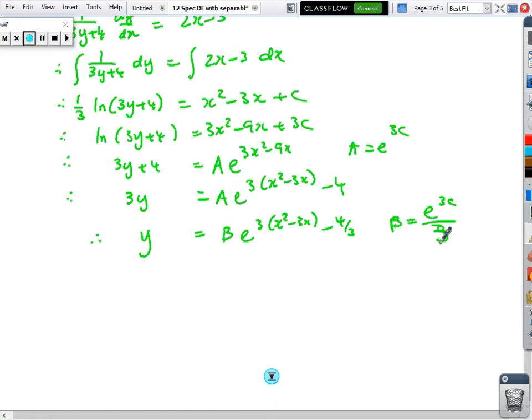The factorising there is not critical; you could have left it as 3x squared minus 9x. Okay, that's it. Let's have a look at the next one.